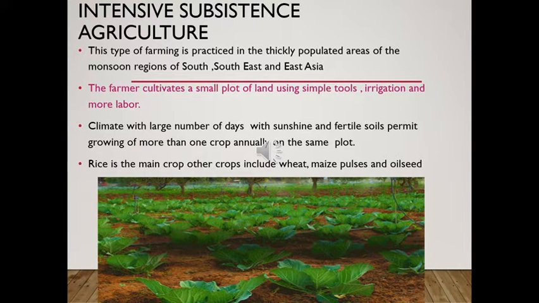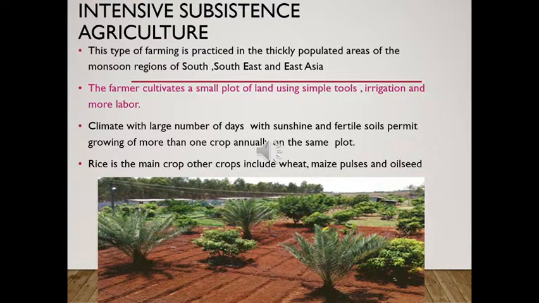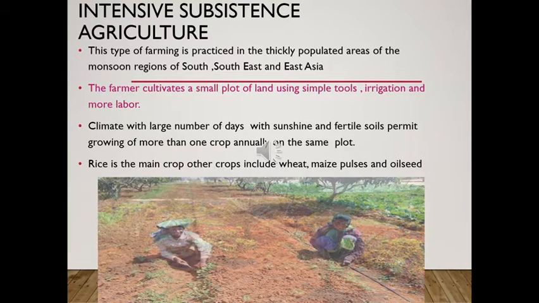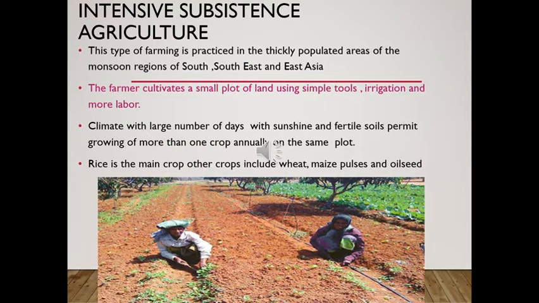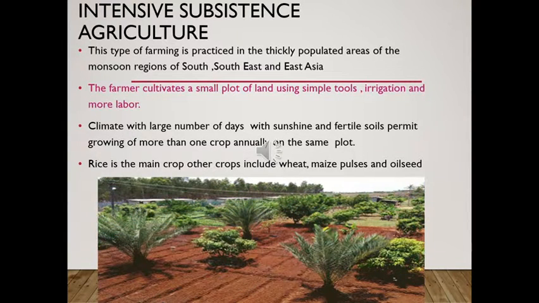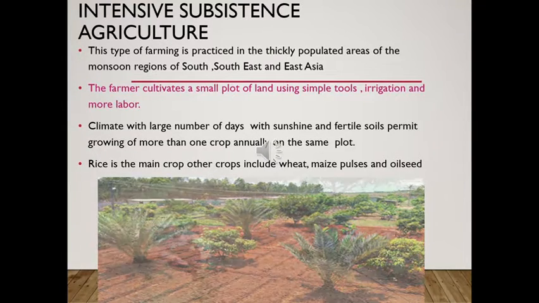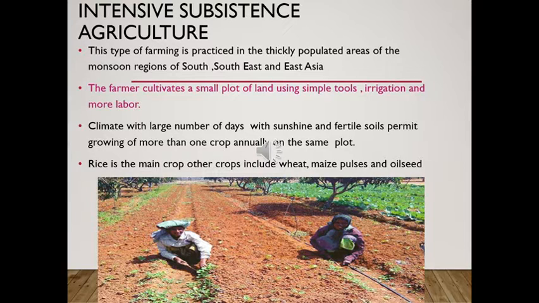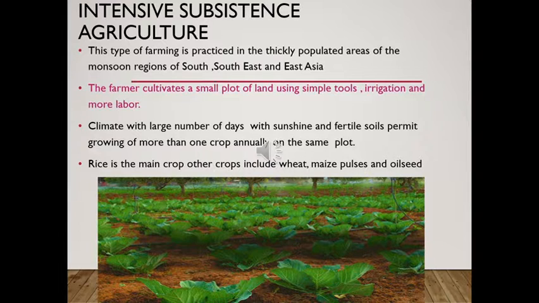In this agriculture, the farmer cultivates a small plot of land using simple tools and more labor, where high doses of biochemical inputs and irrigation are used for obtaining higher production. Rice is the main crop. Other crops include wheat, maize, pulses and oil seeds.